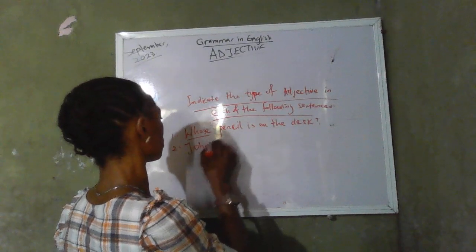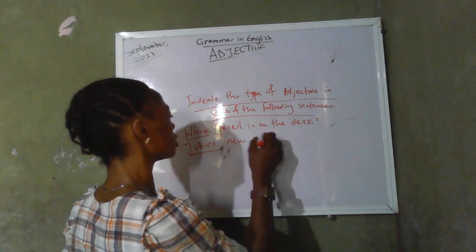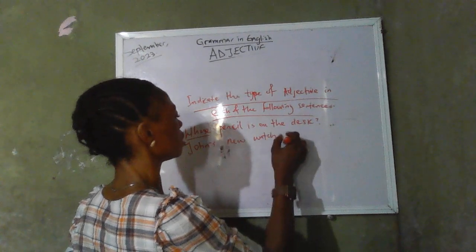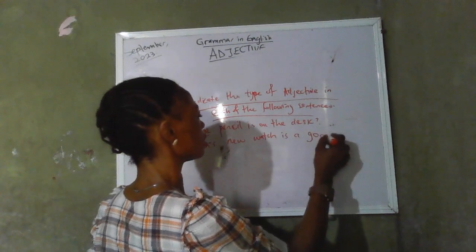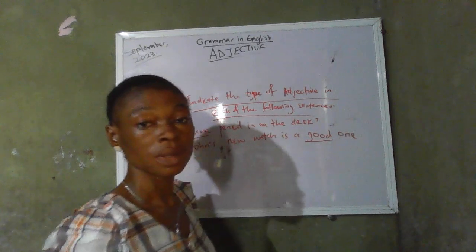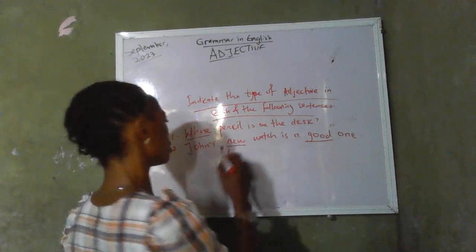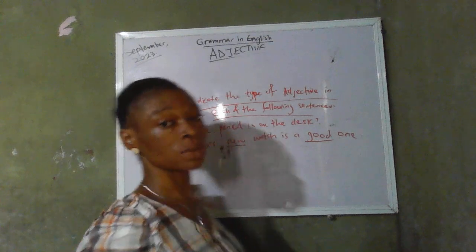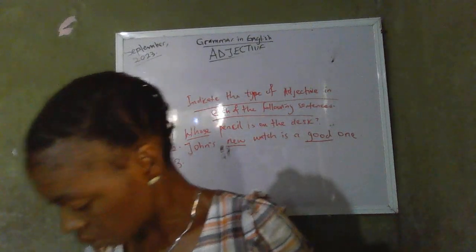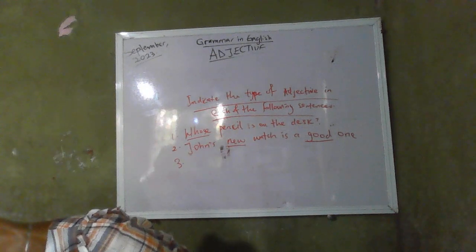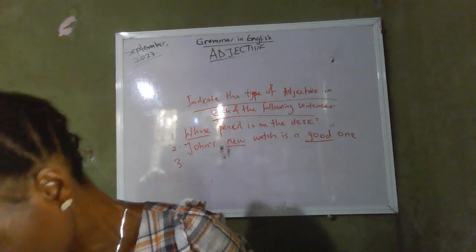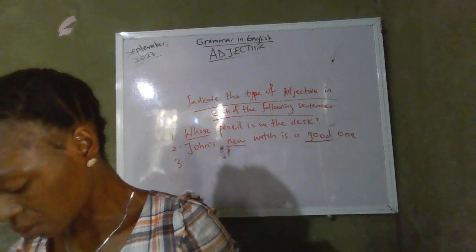John's new watch is a good one. I'm underlining new and good. So you have to indicate. Don't worry, I'm busy. Let me be through. Then let's see.